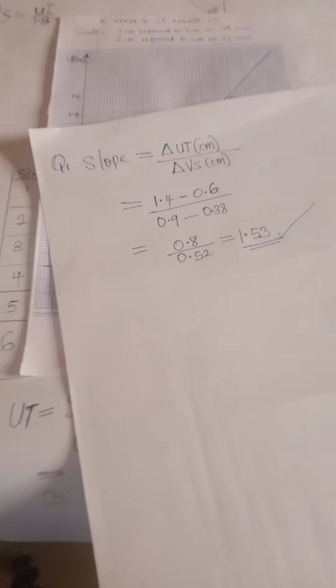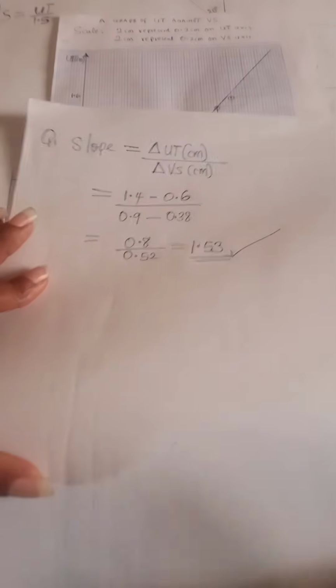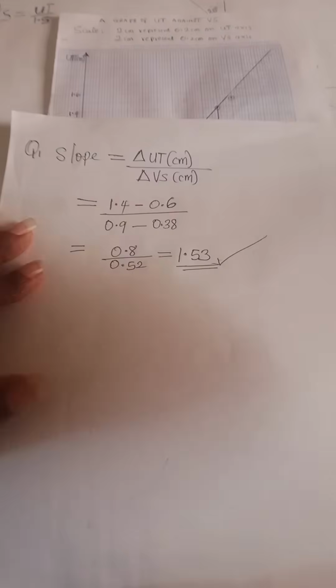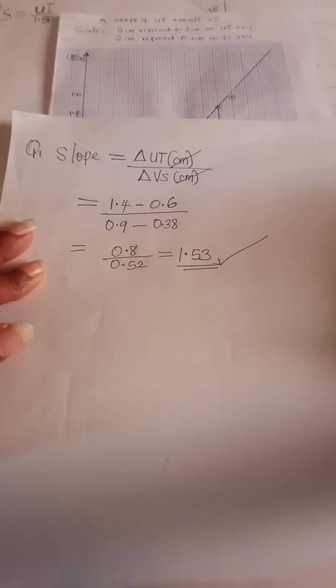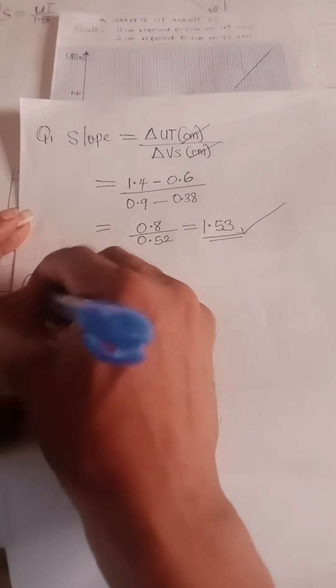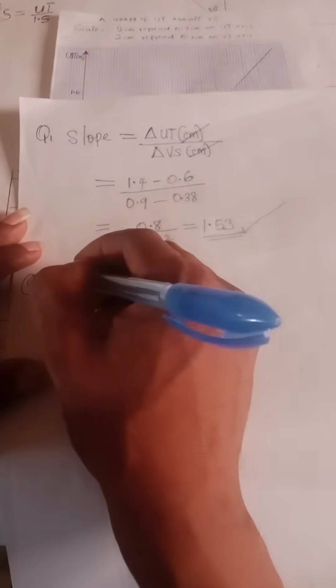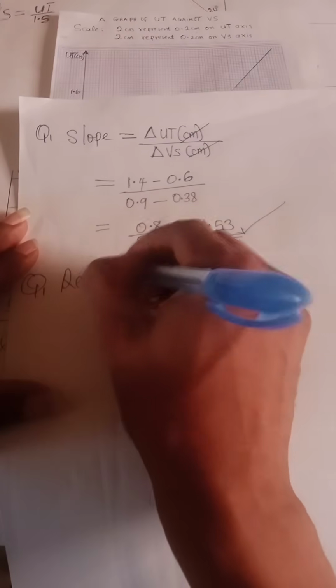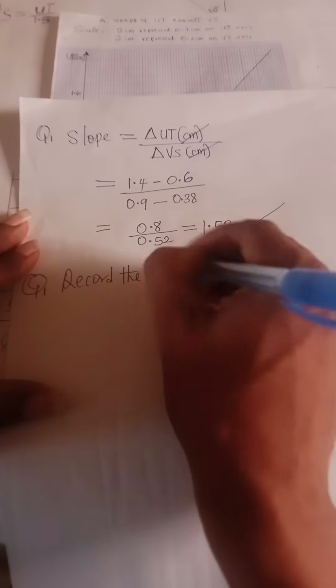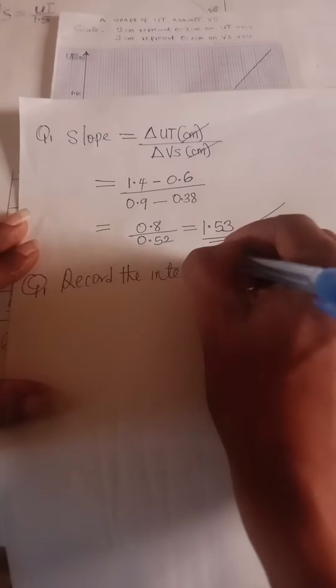And then this slope does not have a unit, because the units cancel out, okay? Now the next question, that same question number 1, says record the intercepts.